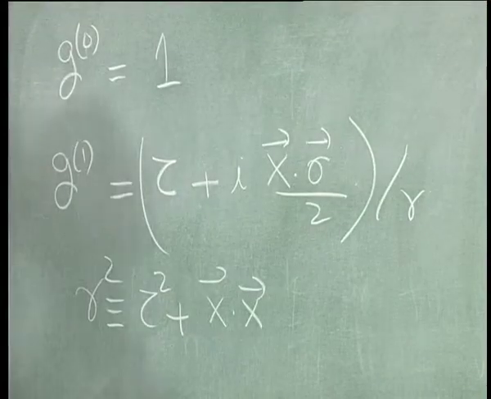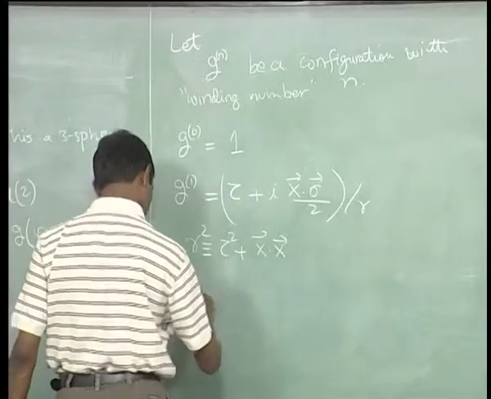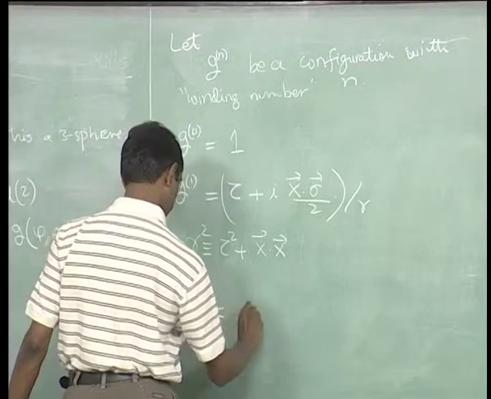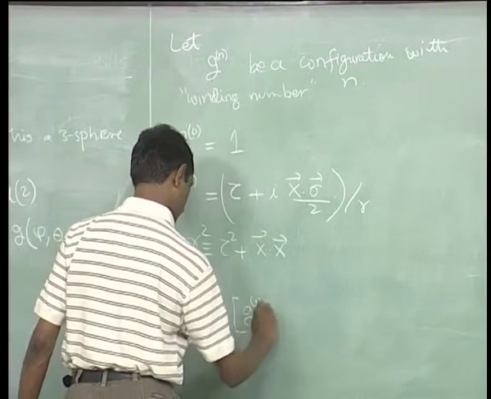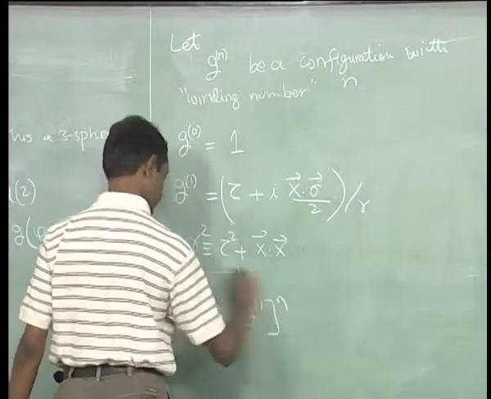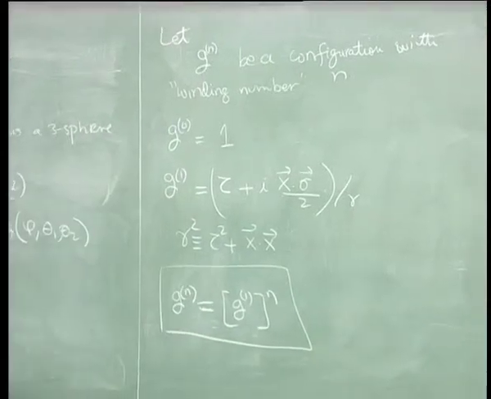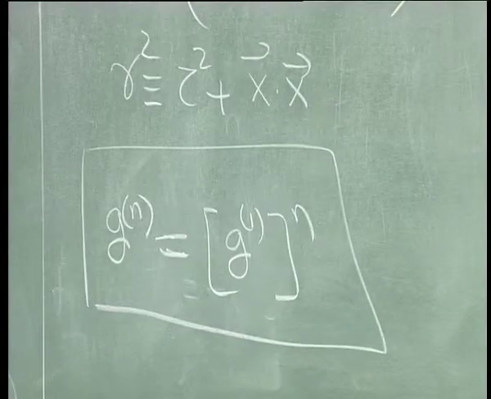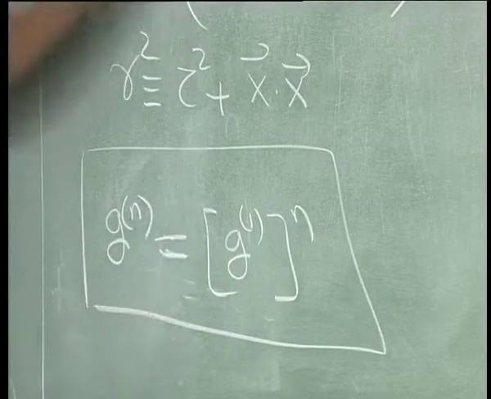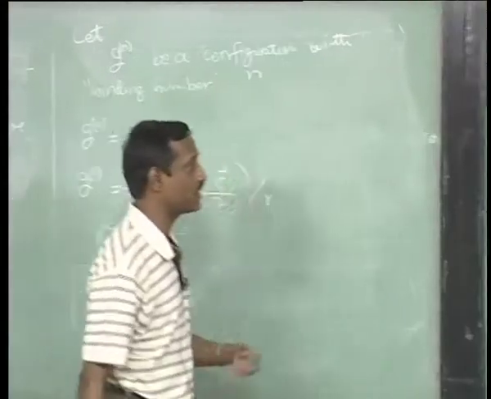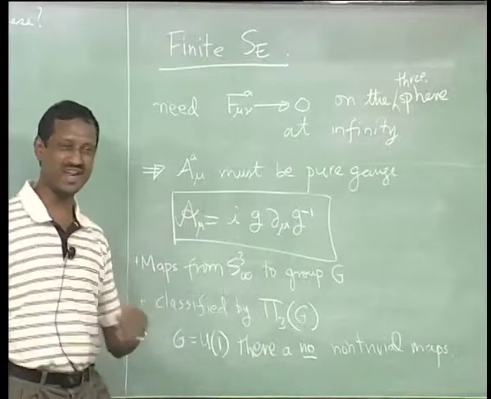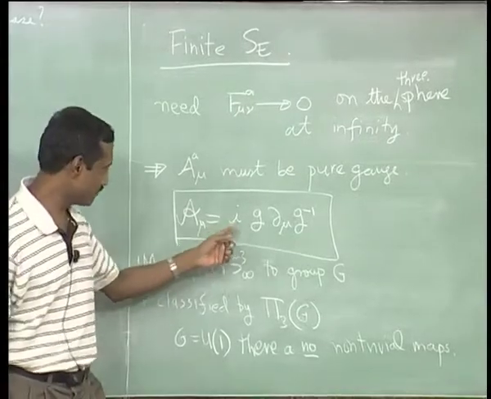Which includes -1, which means take the inverse. Okay. So now we can see that we are able to write out configurations which in some sense have that winding number. I have not written for you what the winding number is, we will sort that out.